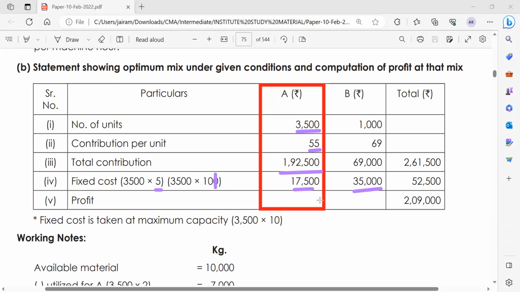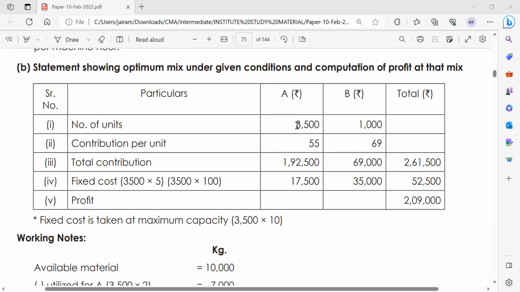Now what is remaining? From 3,500 units, how many kgs have we used up? 7,000 kgs you have used up, and they have already given you that only 10,000 kg of material is available.